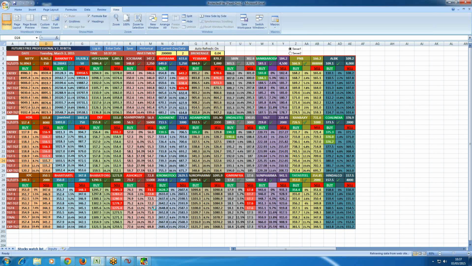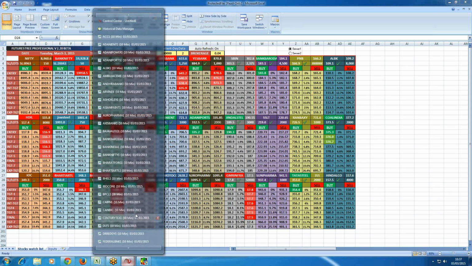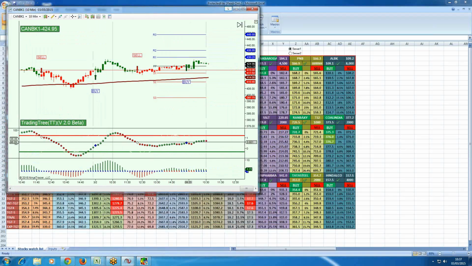Now, Futurestree, you can't trade commodities in it. This is exclusively for your NSE market only. For the commodity market, you'll have to trade in Tradingtree only.